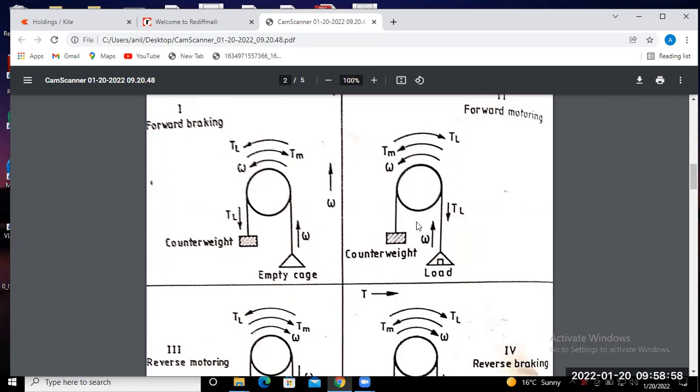So the motor torque, the electromagnetic torque, acts in the anti-clockwise direction and the speed in the same direction. So this is the counterweight. If you place some weight more than this one, this load may be lifted in this direction. So what is the load torque acting?